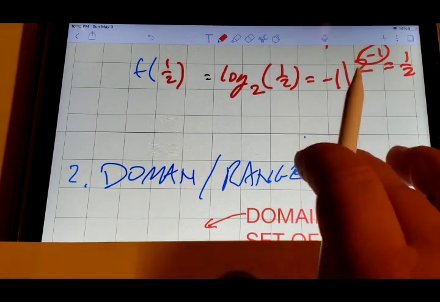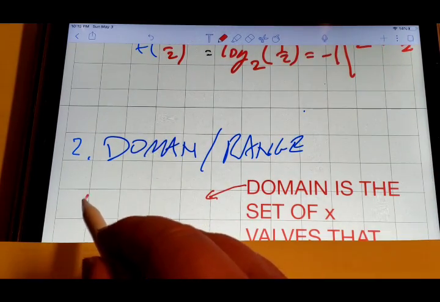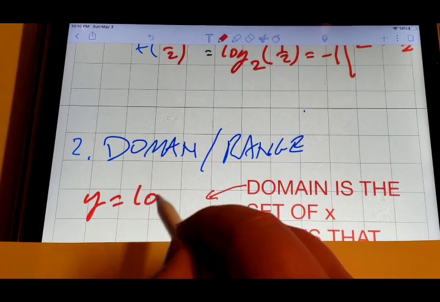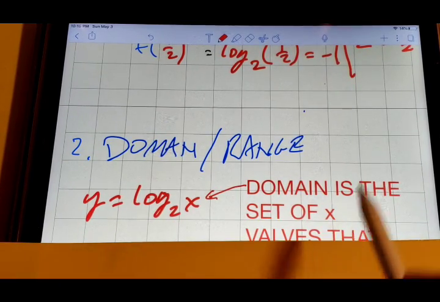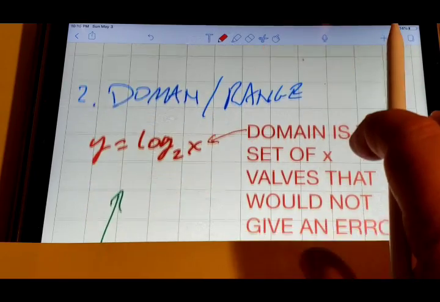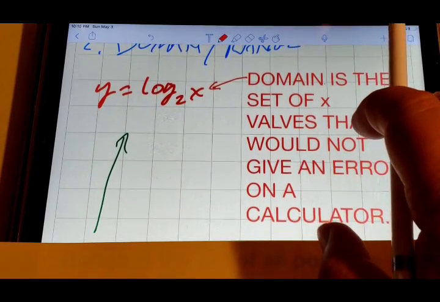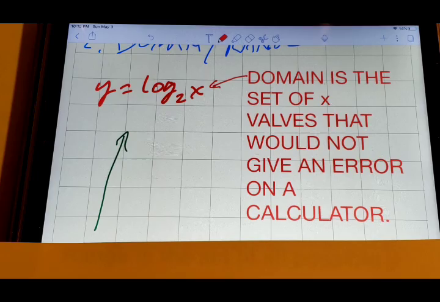Domain and range. So let's write it down again. Y equals log base 2 of x. X is the set of values that would not give an error in a calculator. And I'll just go ahead and write it out here.